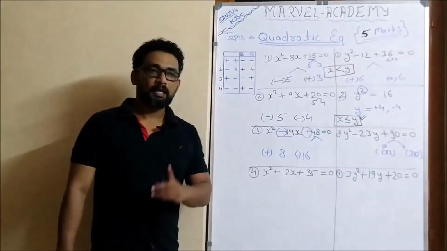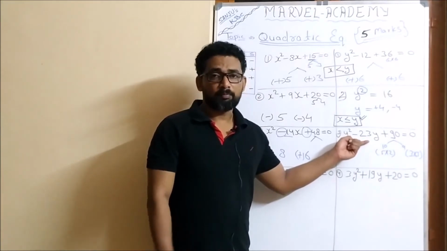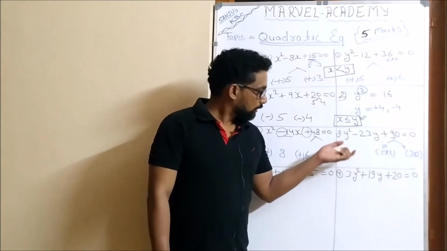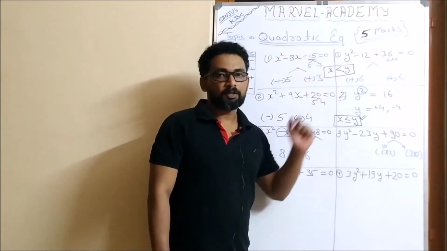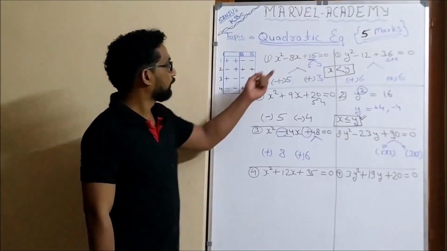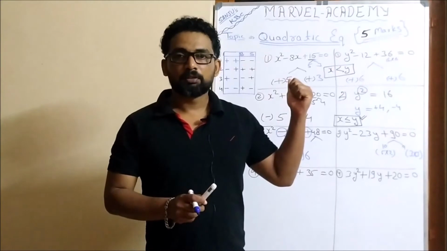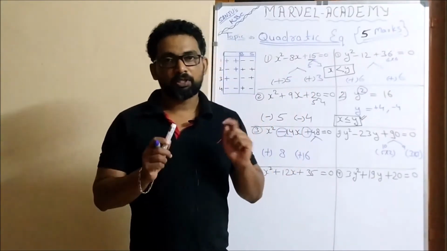Okay, and remember one thing, when our middle factor is an odd number, then of the factors, one would be an odd number and one would be an even number. Okay, like if I see over here, if the middle value is an even number, then the factors can be both odd numbers or both even numbers.